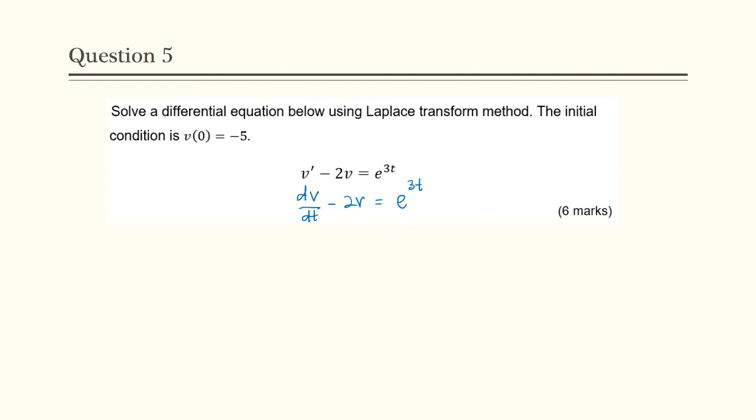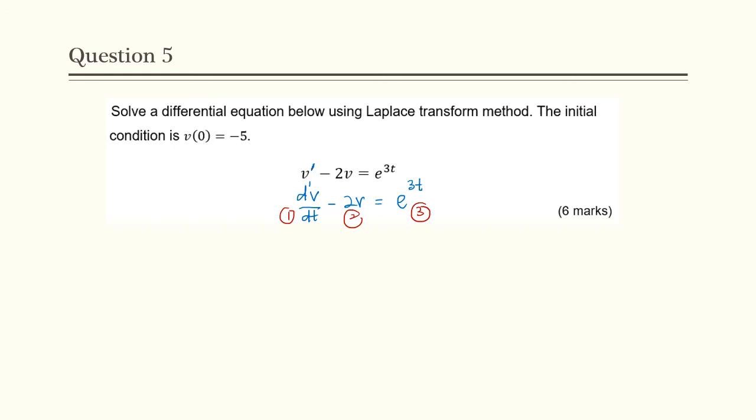Prime means that you have a single power. Okay, so let's derive the equation using Laplace transform. In this case, don't forget to solve by components. You have the first component, the second component, and you have an inhomogeneous equation because it is not equal to 0. So you have the third component as well.